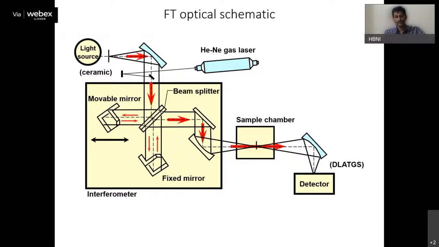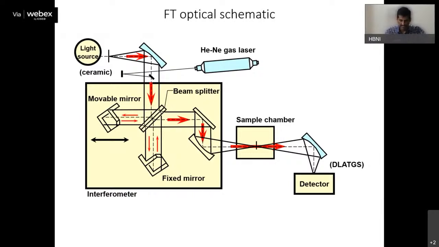You get the interference from this laser in a sinusoidal form, so you can check wherever the zero crossing is, and the points in between can be interpolated and digitized, and that's how you get the spectra. And second, this laser keeps the instrument always calibrated. So whatever spectrum we get is always calibrated in this system.